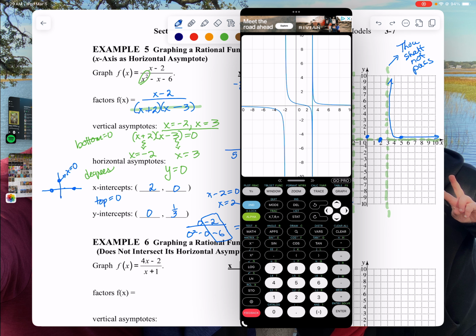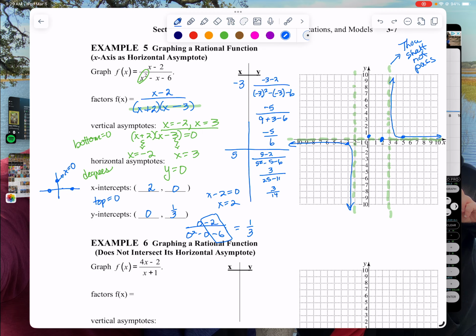You see that on the calculator? It looks like there's a line right at 3. But that's just because your calculator graphs this, and then when it graphs this part, it connects it. So it's going to connect it up here to start graphing this, but that line is not really there. Okay, so on that one, you got to cheat.